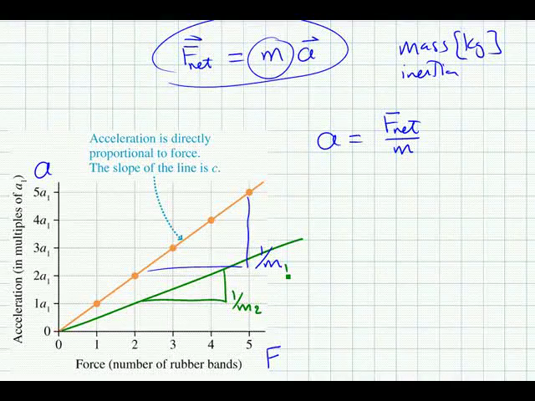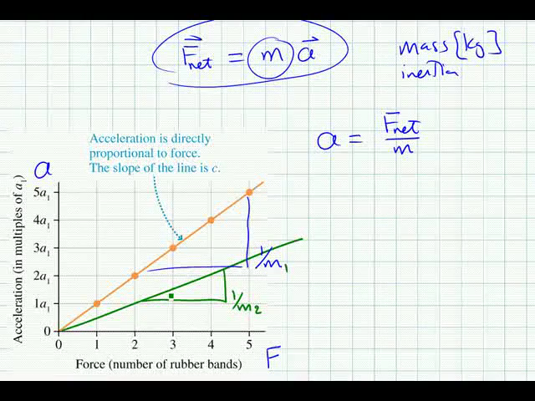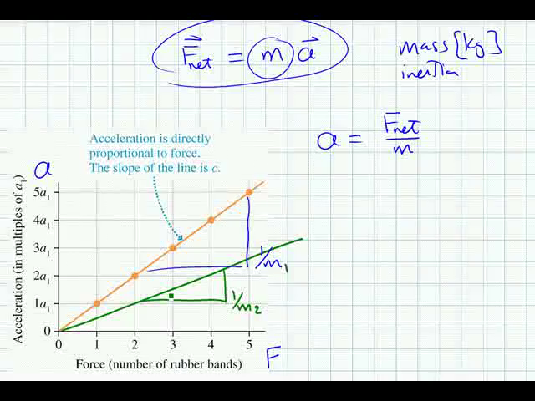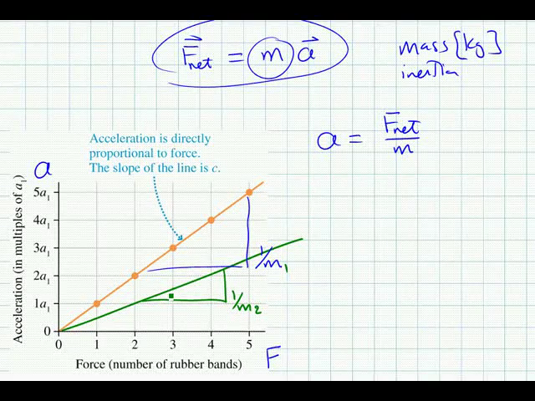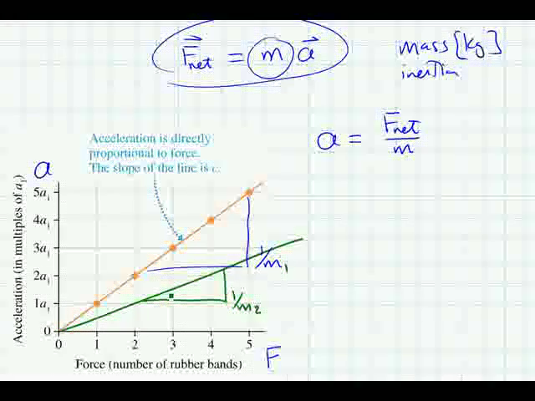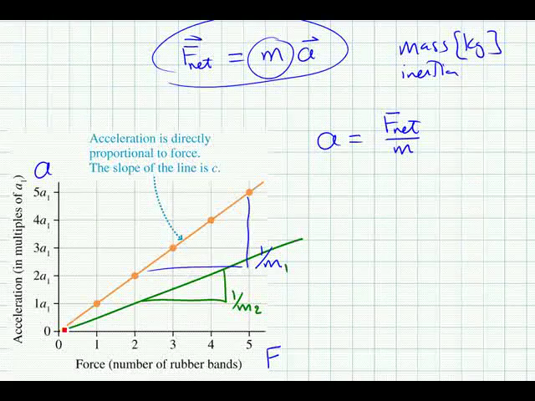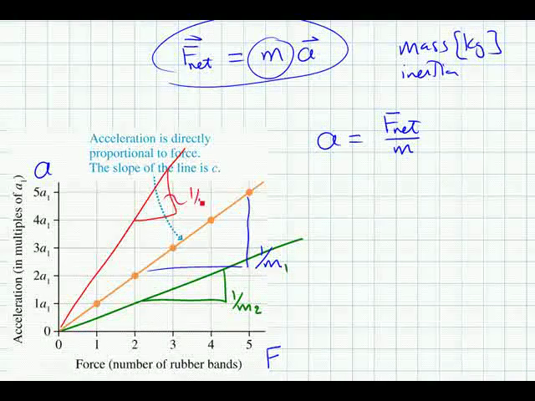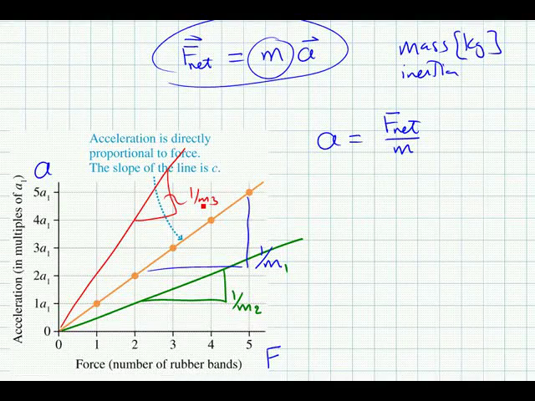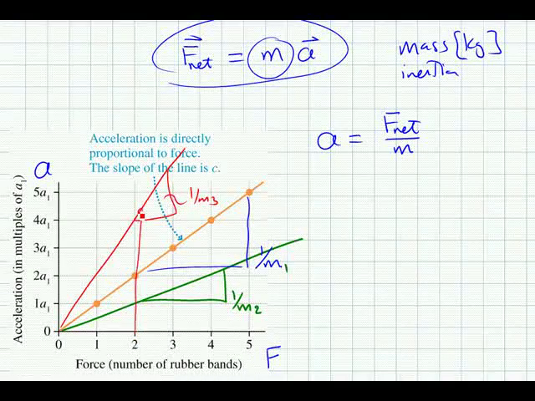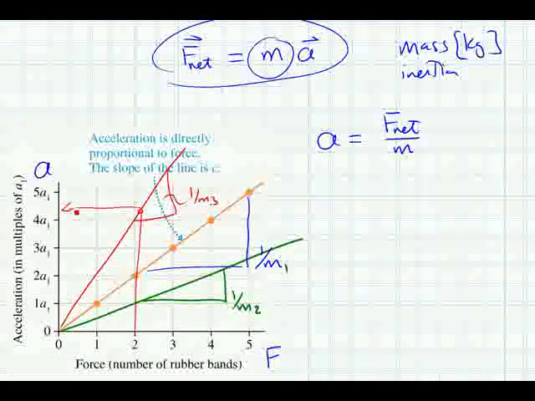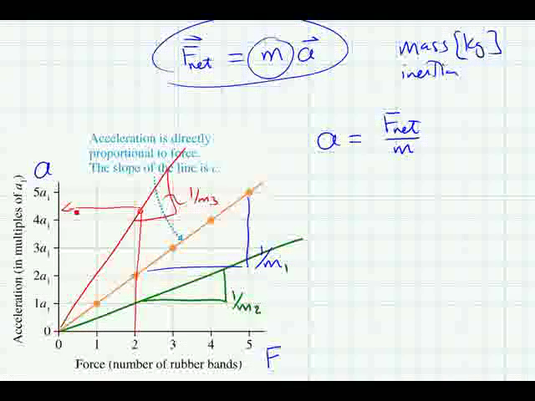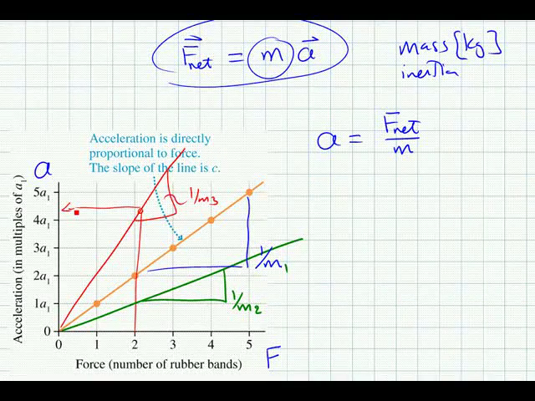Which makes sense, because for a given force, if you have an object with twice the mass, you're not going to accelerate it as much, of course. And if you were to halve the mass, you'll double the slope. So this is 1 over m3. Now for a given force, you'll have a greater acceleration if your mass were smaller, of course.